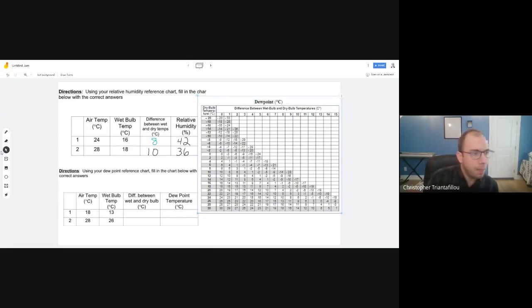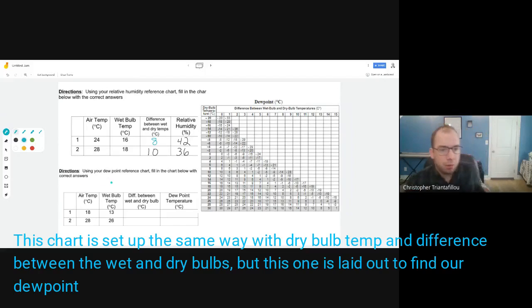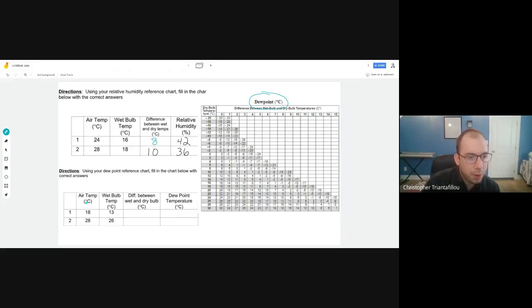Okay. So, same thing. We have our dry bulb temperature. We have our difference between the wet and the dry. But this time we're going to find our dew point. So air temperature, 18, wet bulb, 13. So 18 minus 13 is 5.